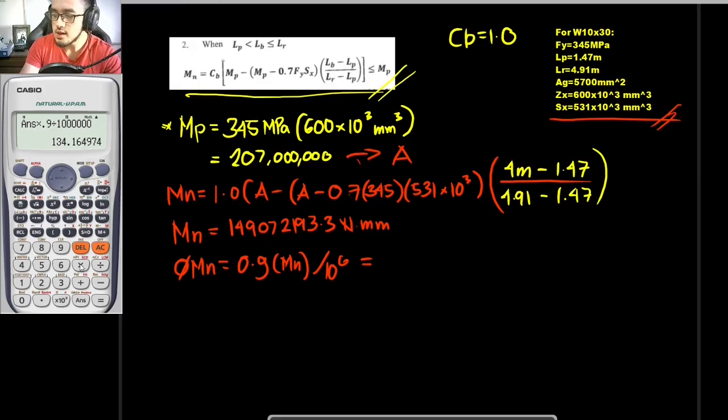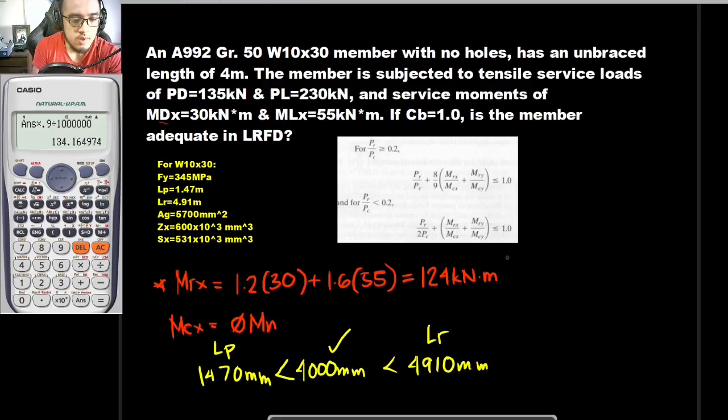Our answer here would be 134.16 kilonewton meters. So we already have the value of our phi-Mn, and our phi-Mn, by the way, is your Mcx, using this equation right here.